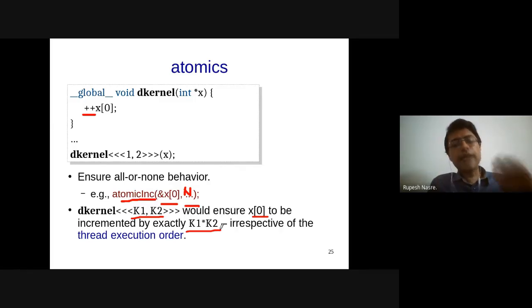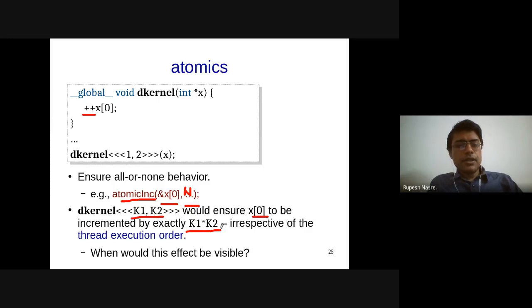That is a guarantee given by the atomic instruction, essentially coming from the hardware. Therefore, you will have a deterministic behavior of this code as soon as you replace plus plus x of 0 by an atomic increment. All right. The question is, when would this effect of K1 into K2 be visible? Any suggestions?